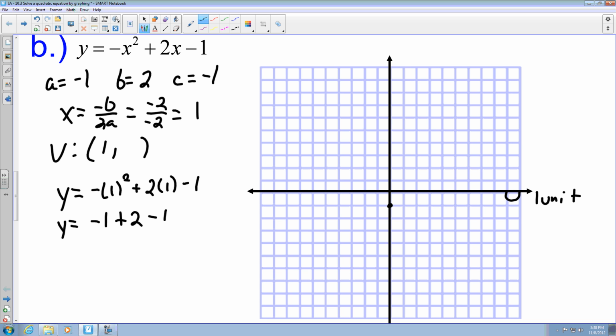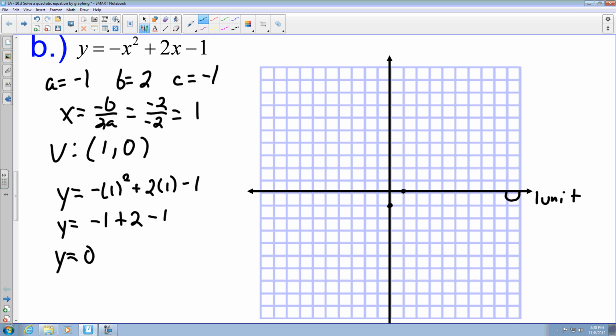Negative 1 plus 2 gives me a positive 1, and 1 minus 1 gives me 0. So our vertex is at 1, comma 0, and if we were to find that, it is right about there.